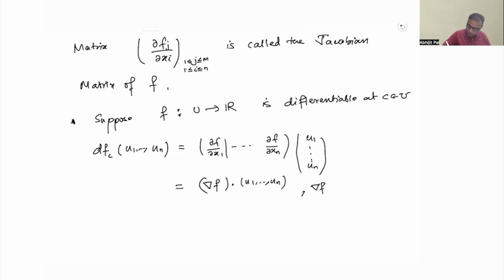All these partial derivatives are evaluated at c. So what is grad of f? This is (del f del x1, ..., del f del xn).